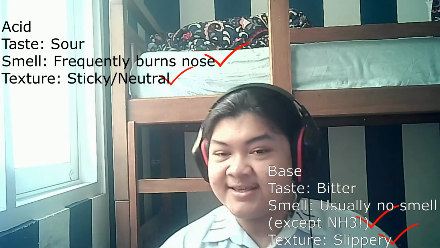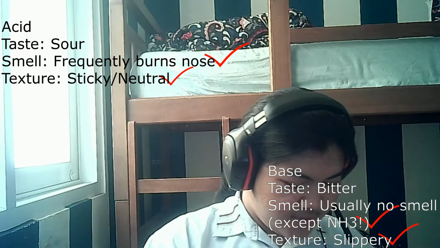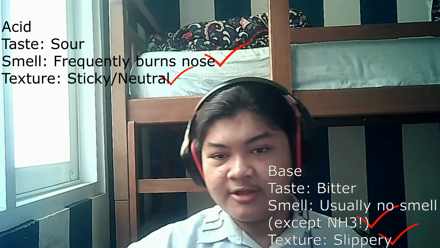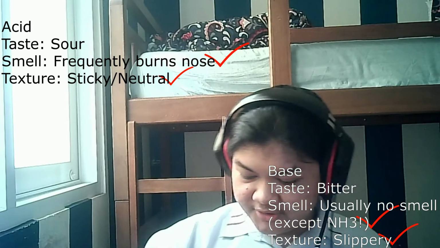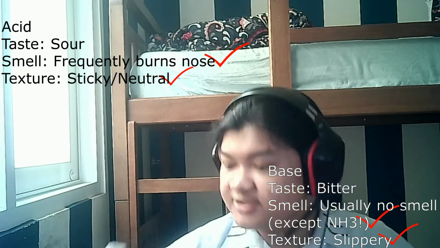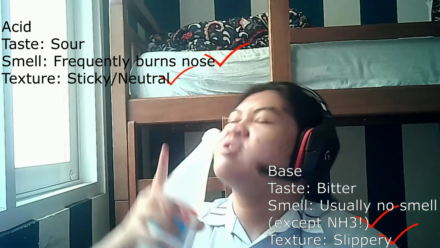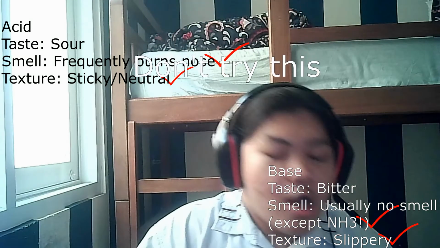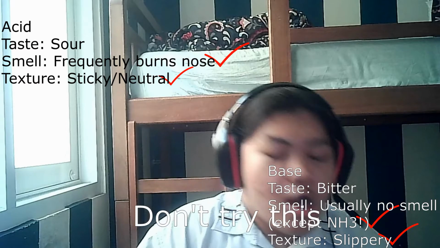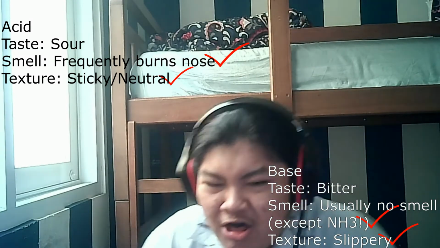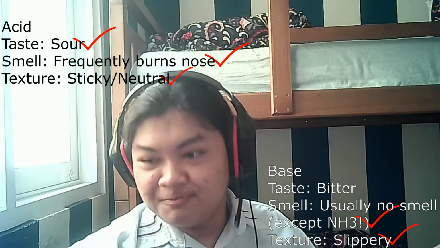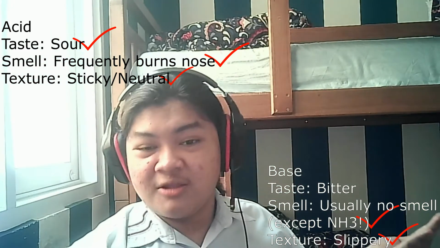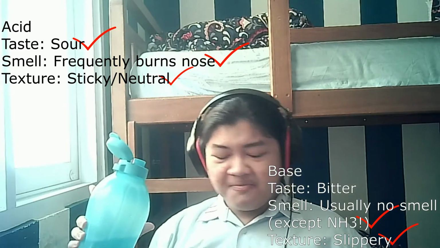And now the taste. Now, most of you know that vinegar is sour. That is because it is acidic. It's very sour, so we know that is acidic.